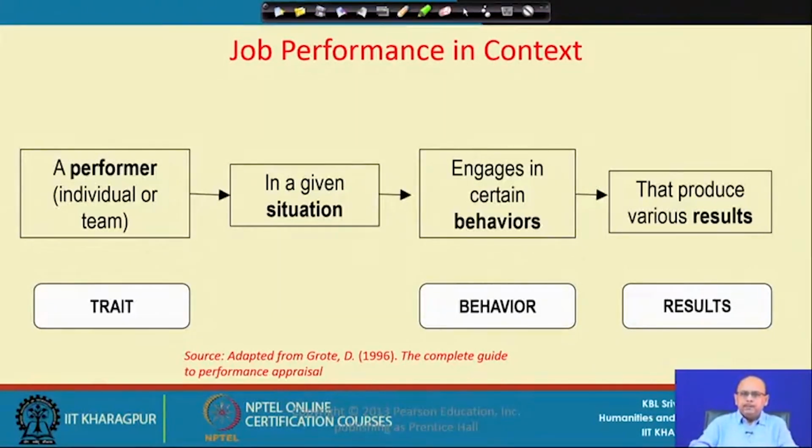Depending upon that, he is going to engage in certain behaviors which produce results. So, the traits and characteristics of the individual become the antecedent, which influences his behavior, which ultimately culminates in certain results. Now, all this happens in a given context or environment. So, the performance is dependent on the context of the environment in which the person is operating. So, what we need to understand is these 3 things, that is behavior, trait and results.